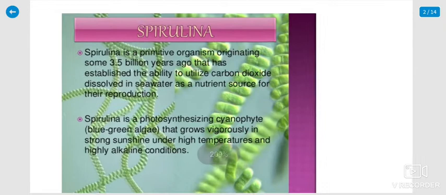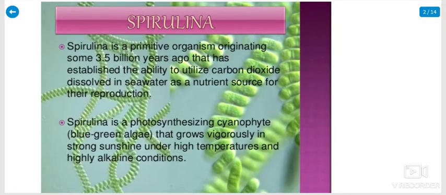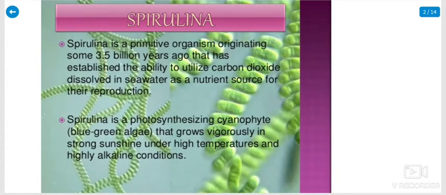Actually, the spirulina, the background of the pictures is exactly shown in the slide. Spirulina is a primitive organism originating some 3.5 billion years ago that has established the ability to utilize carbon dioxide dissolved in seawater as a nutrient source for its reproduction.